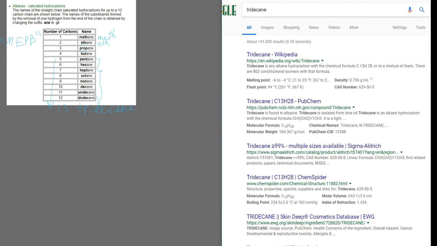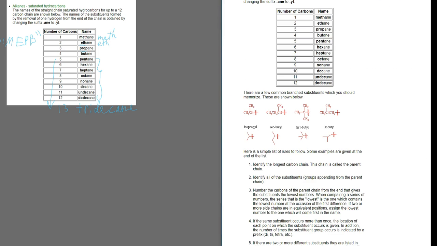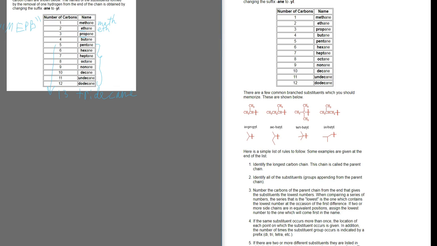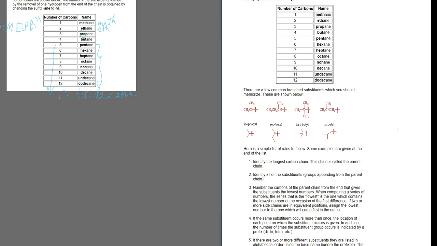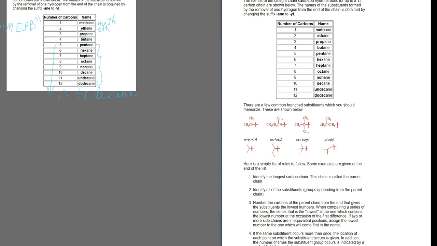One thing that would be useful to take into consideration are the iso, sec, and tert. Well, technically just iso.